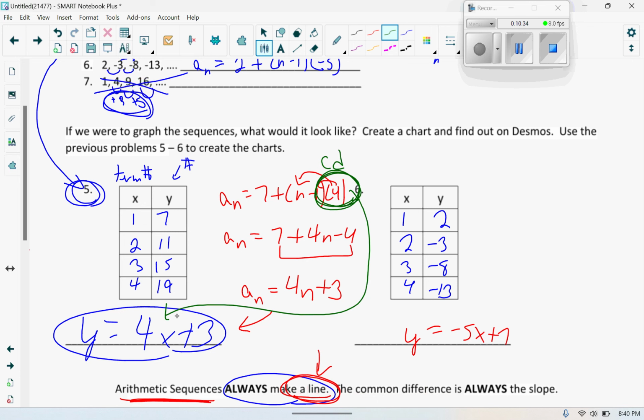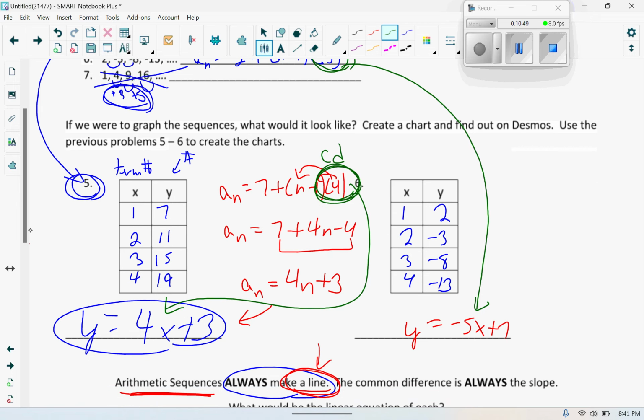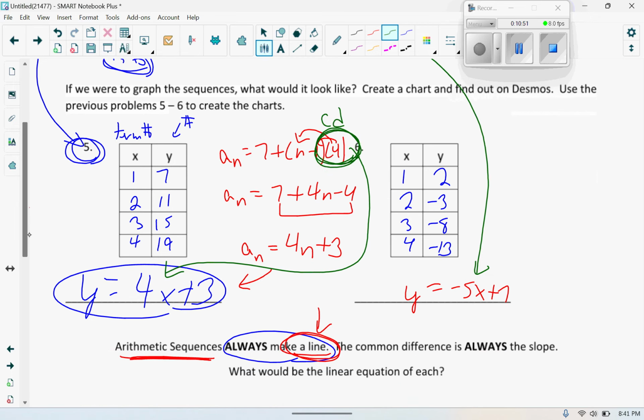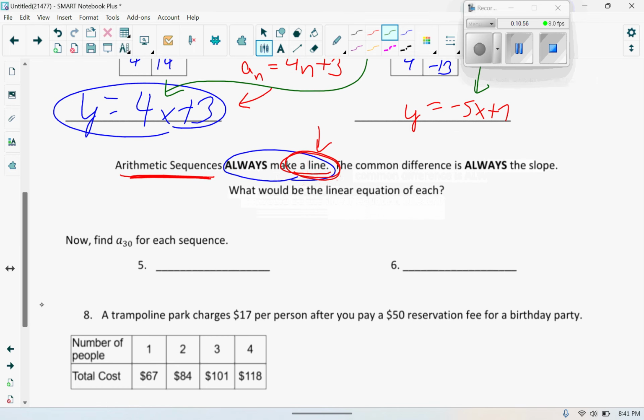Notice how our common difference is the same as our slope. That is not a coincidence. That will always be the same. So look at this: common difference, slope. That's something else that you can steal if you like Desmos. You can steal it out of the equation and then come up with your arithmetic sequence formula from that.